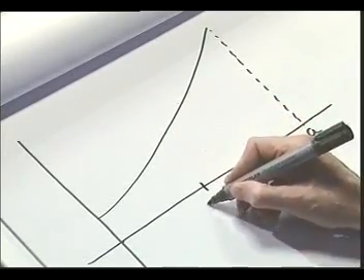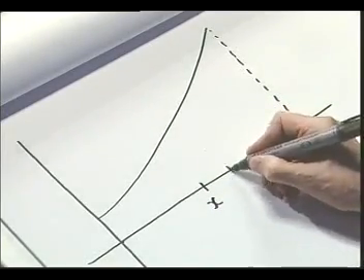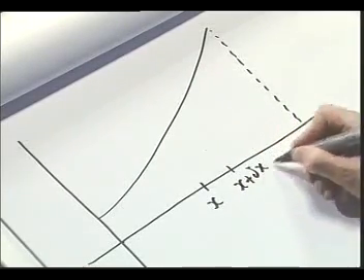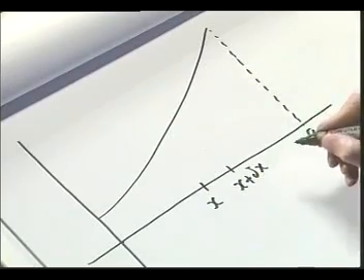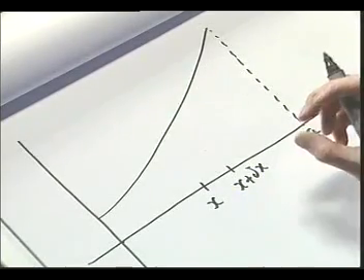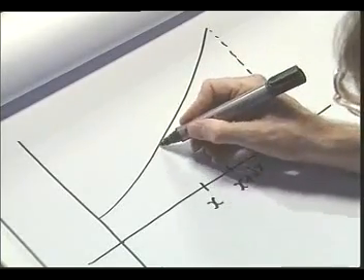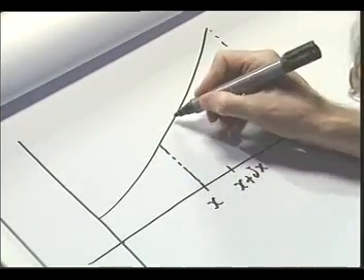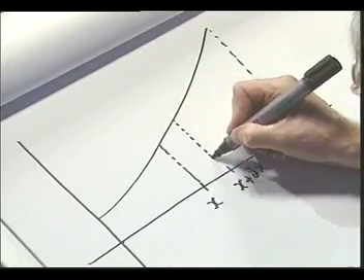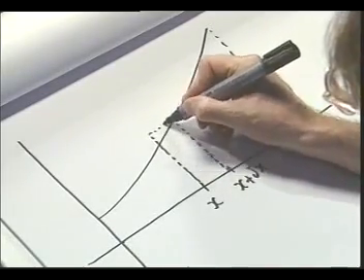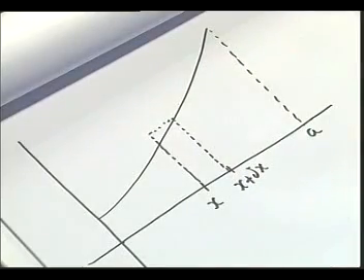So we have x there, and the next mark on the x-axis is x plus delta x. Now, delta x is a small positive amount of x. So we've got our ordinates up to the curve, and we can complete a rectangle.